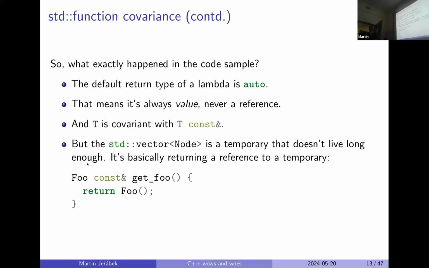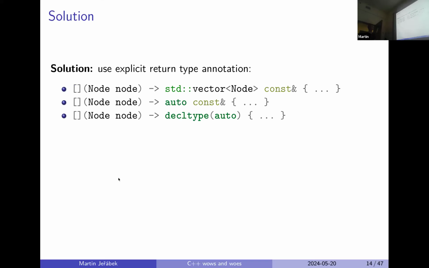You're returning a reference to a temporary, and it crashes because it's undefined behavior. So it's nice and convenient. The solution obviously is to explicitly specify the return type, either this way, or use auto const ref or decltype(auto). You know the difference between auto and decltype(auto)?